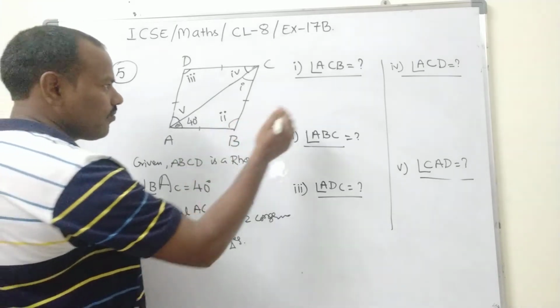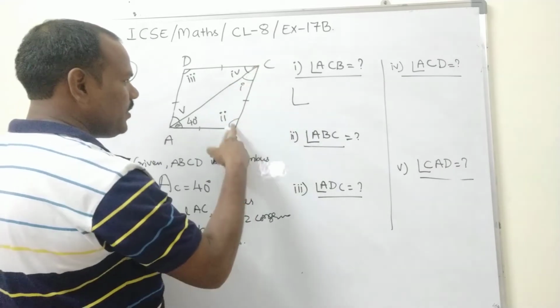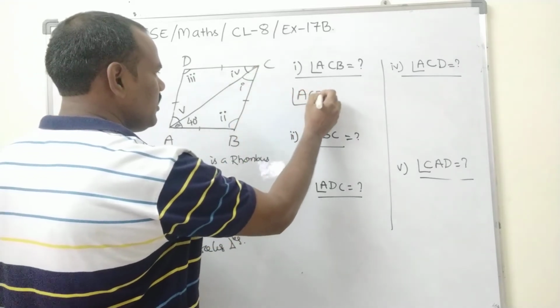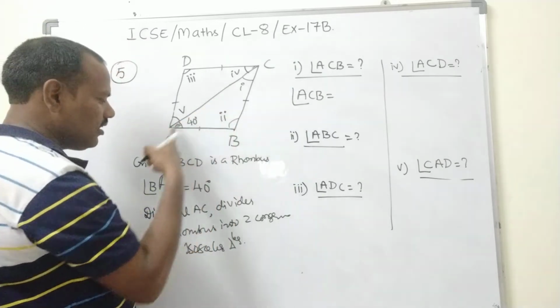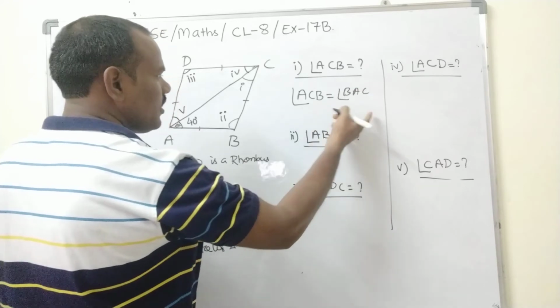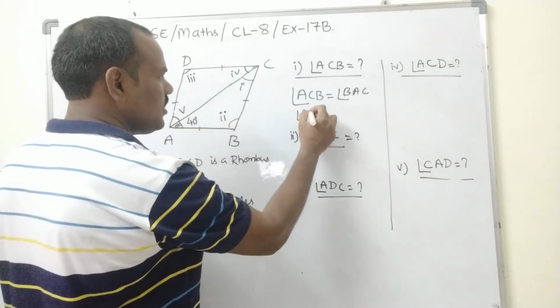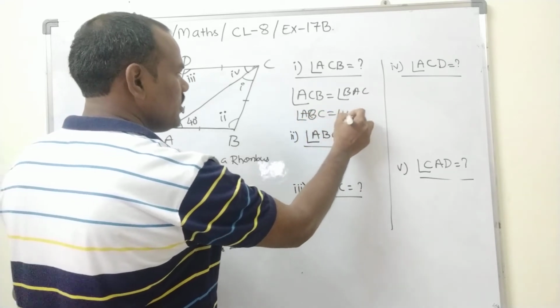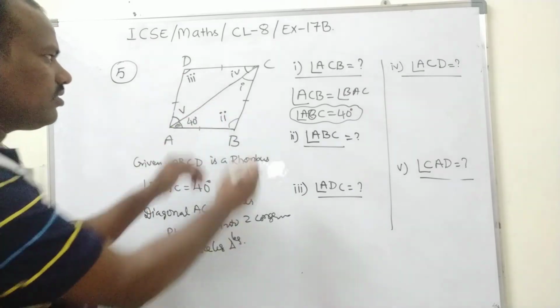So we can say angle ACB is equal to given angle BAC. Because ABC is an isosceles triangle, angle ACB is equal to 40 degrees. Finished. Done. Now the second one.